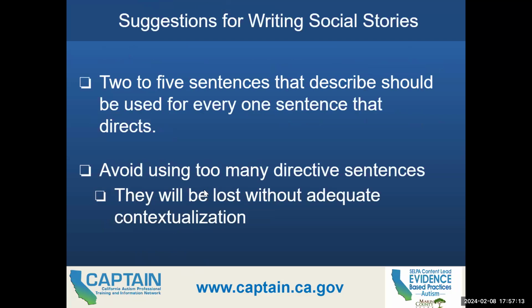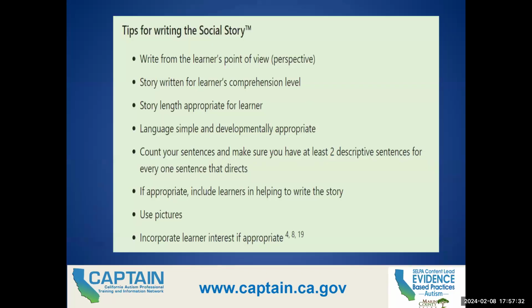All right, now for every directive sentence, we want to use 2 to 5 descriptive sentences. We want to avoid using too many directive sentences because they will be lost without adequate contextualization. Tips: write from the learner's point of view.